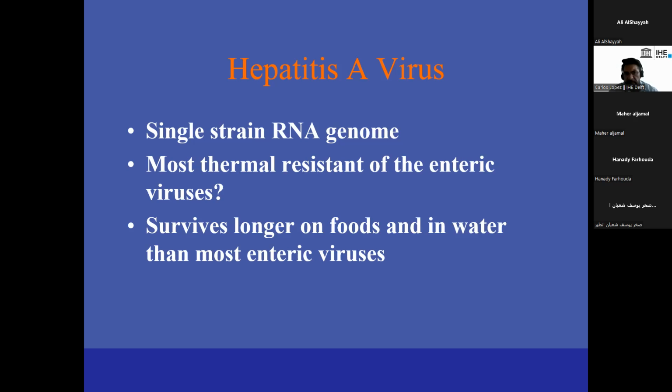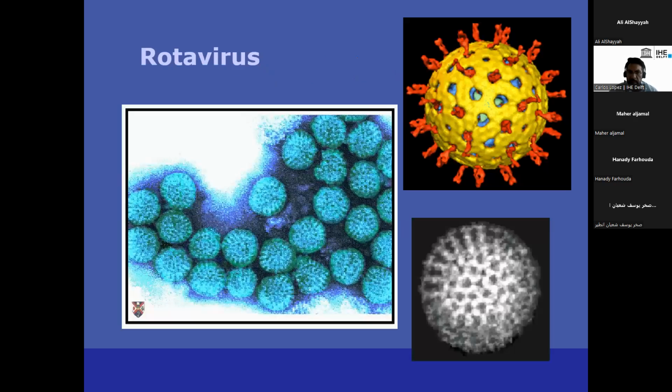This hepatitis A virus is relatively resistant, apparently a bit more thermally resistant than some other viruses, and can have a stronger, longer survival on foods and water than most of the other enteric viruses.